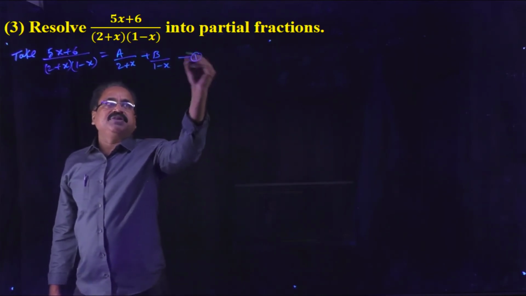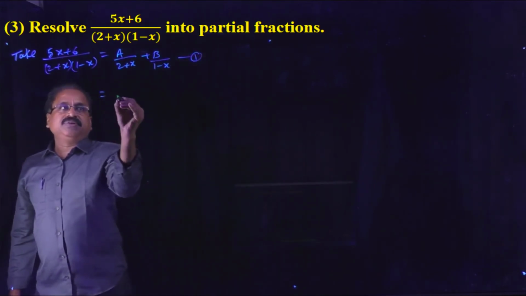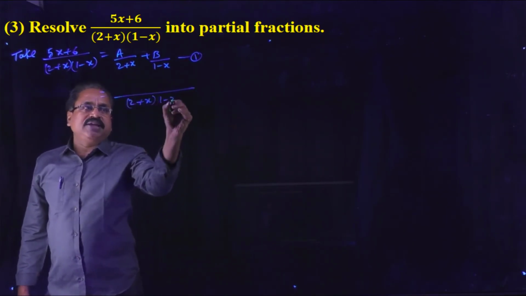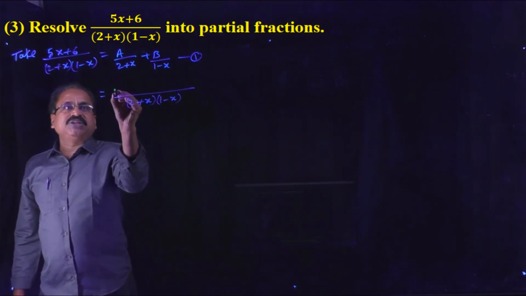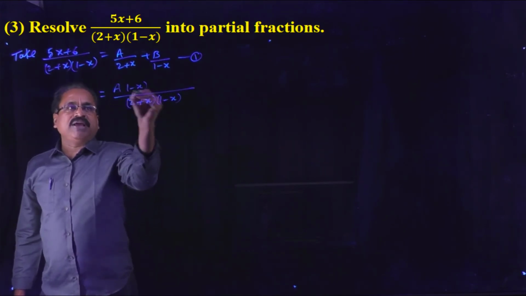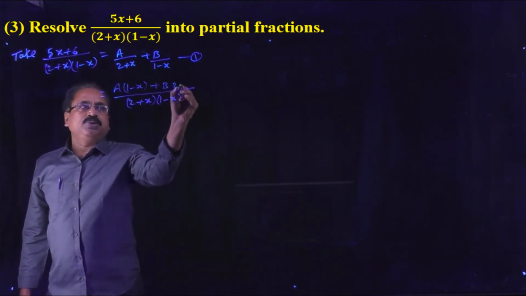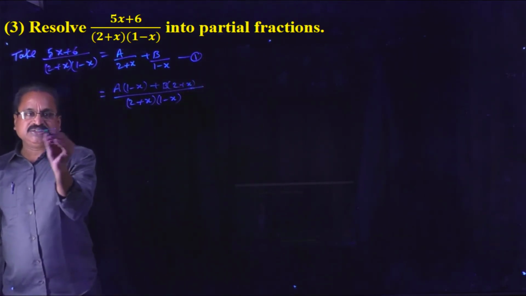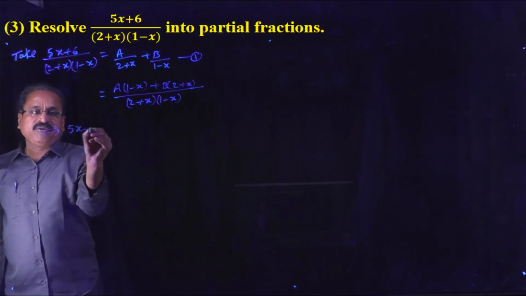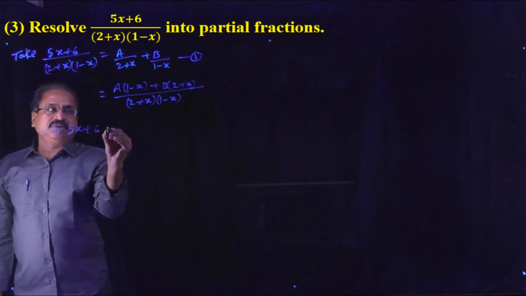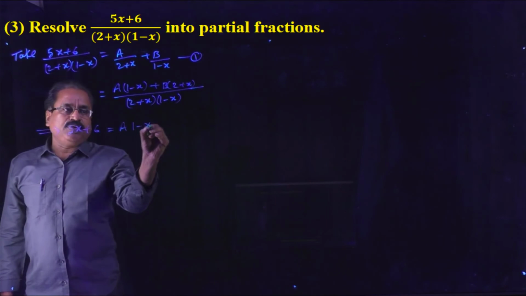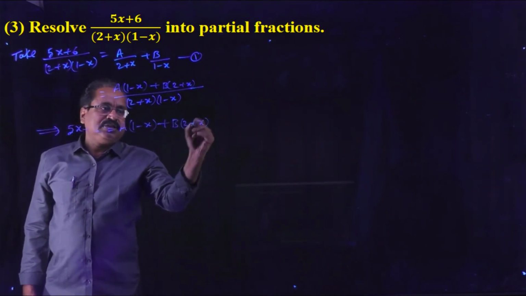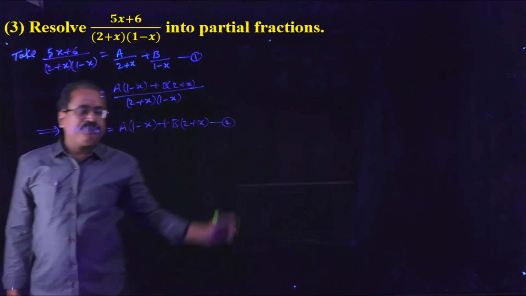This is equation number 1. That is equal to, here (2 + x)(1 - x) is the LCM. So now cross multiplication, a(1 - x) + b(2 + x). Now equating numerators on both sides, 5x + 6 = a(1 - x) + b(2 + x). This is equation number 2.